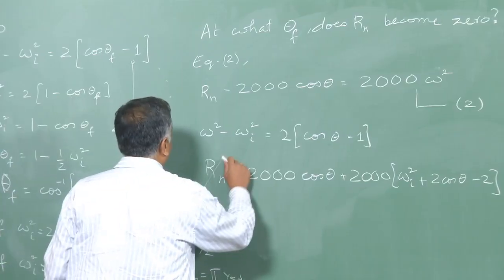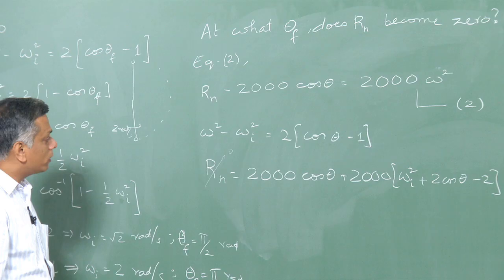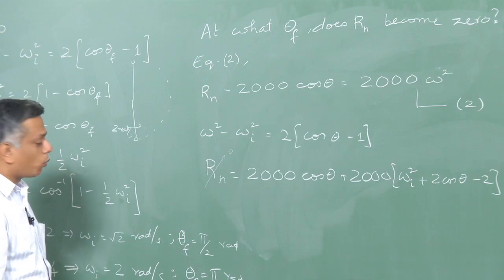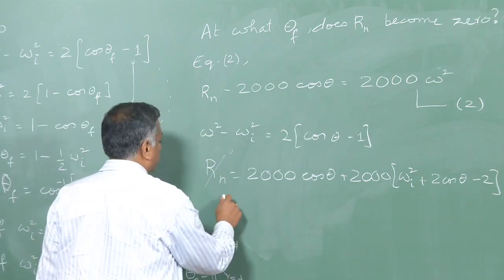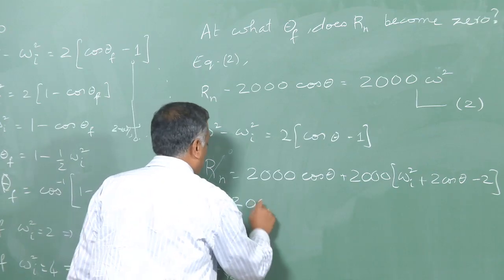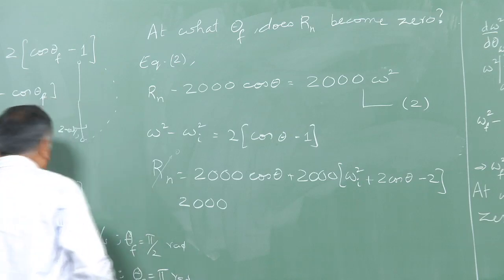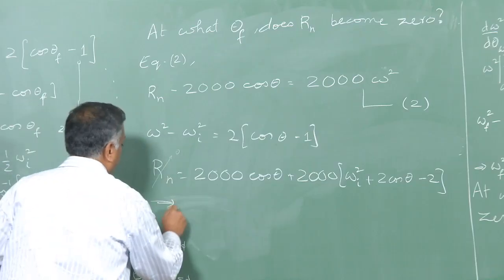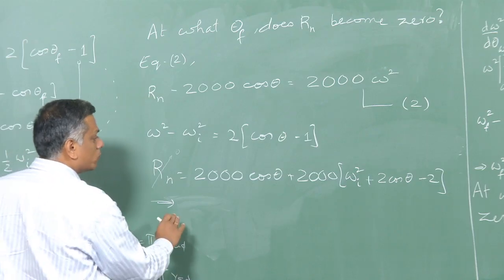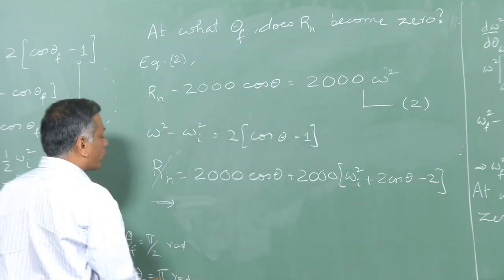So I will set this to 0 and I am able to calculate what theta f is. If I go ahead and simplify this equation, I have 2000 cosine theta plus another 4000 cosine theta.